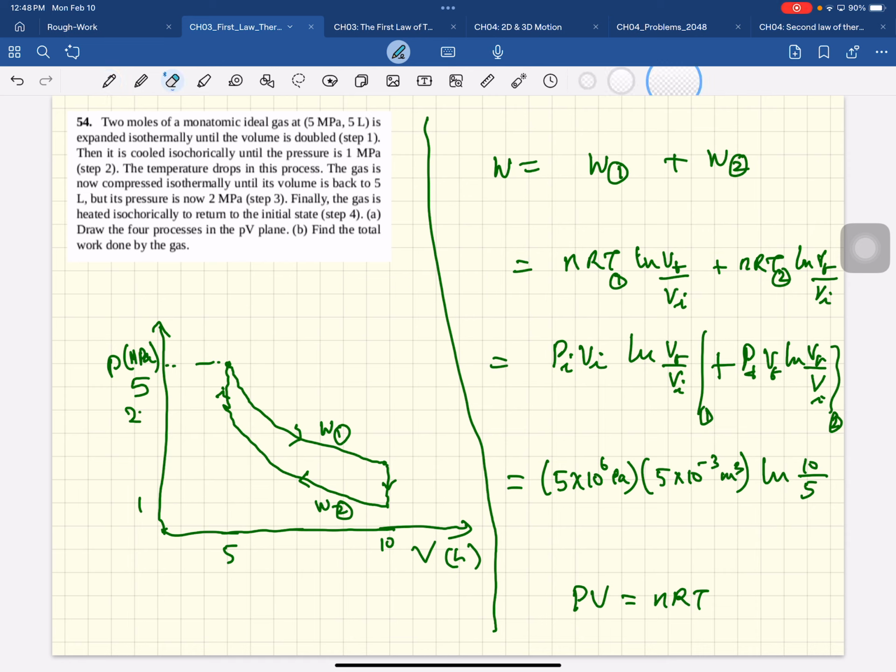Okay, I'm going to erase this. For this process, we know the pressure and volume here, so we can take that. So plus, pressure there is 2 megapascals. The volume is 5 liters.